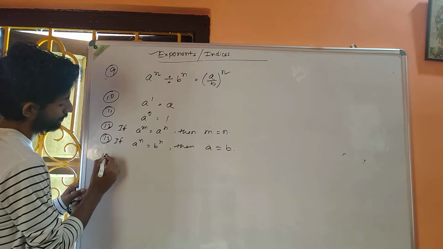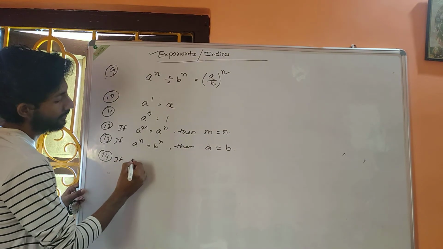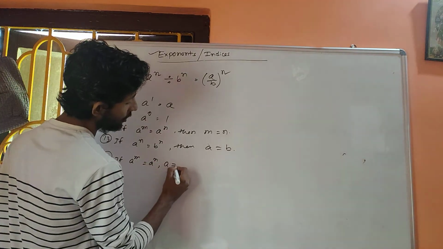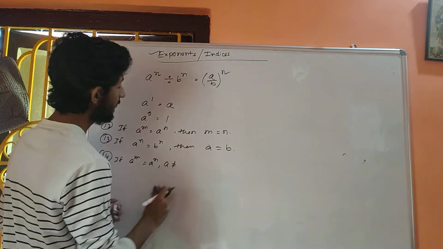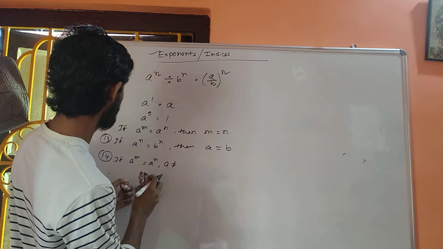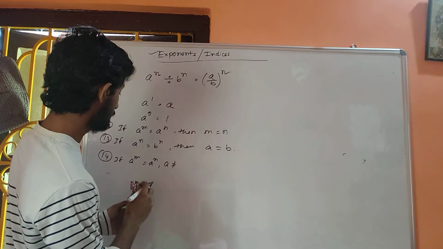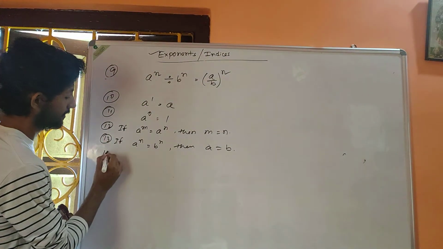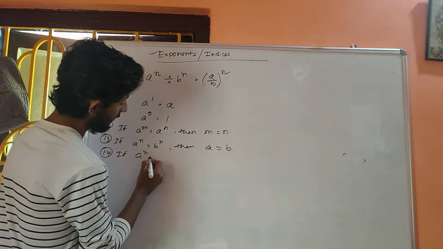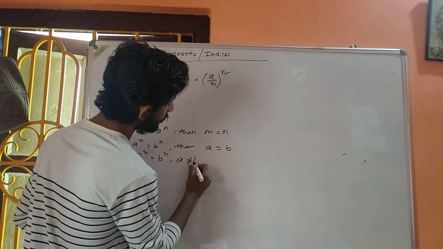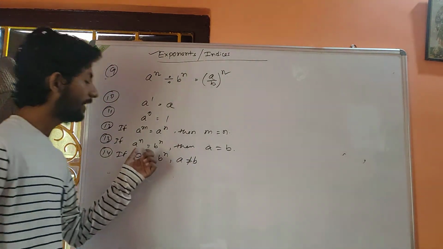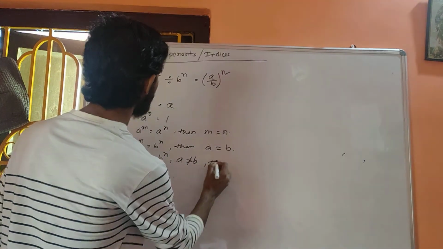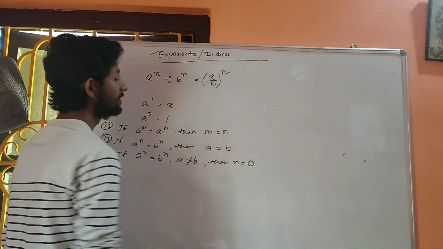And also one thing, it is a mistake. If a to the power n equals b to the power n and it is given that a does not equal b, then we can write n equals directly 0.